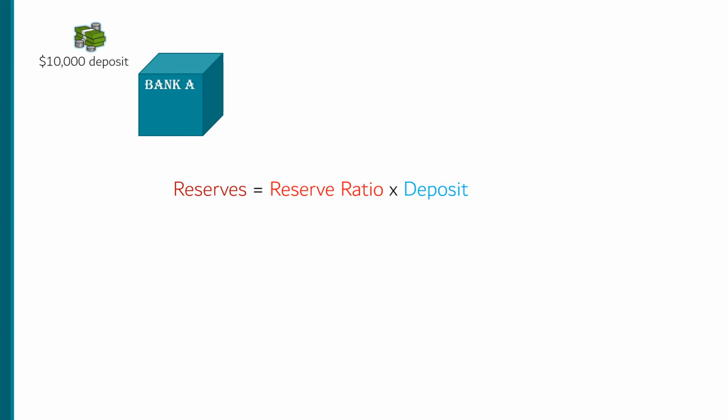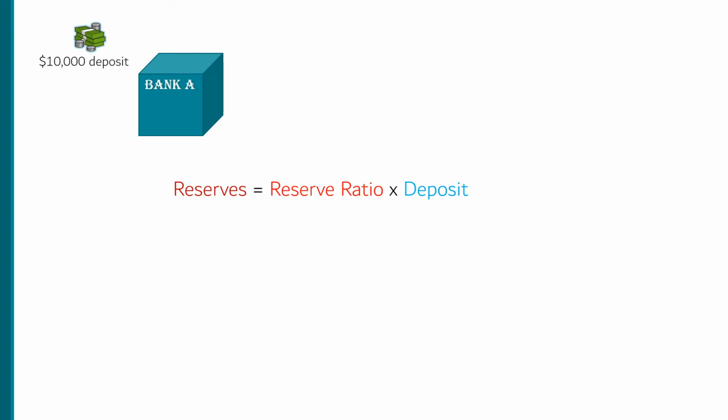Let's walk through this with an example and some numbers. Let's say you deposit $10,000 into Bank A. That bank typically would have a policy about what percentage they would keep in reserve, which we'll call the reserve ratio.